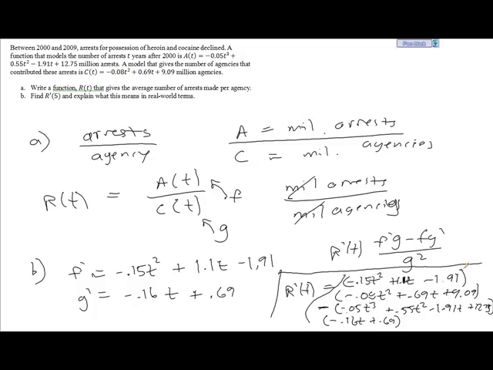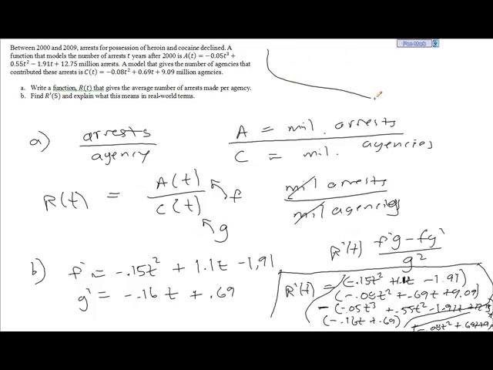But anyway, it's this whole thing divided by g squared, which is negative 0.08 t squared plus 0.69 t plus 9.09, and this whole thing is going to be squared. I'm sorry that it got stuck all on one page, and I'll just leave it there.